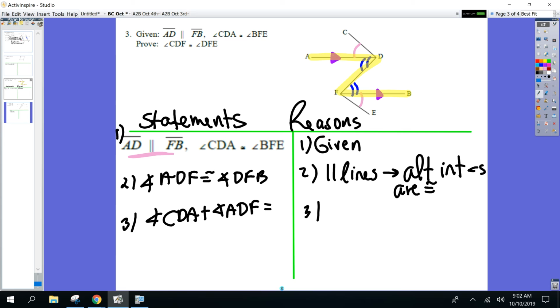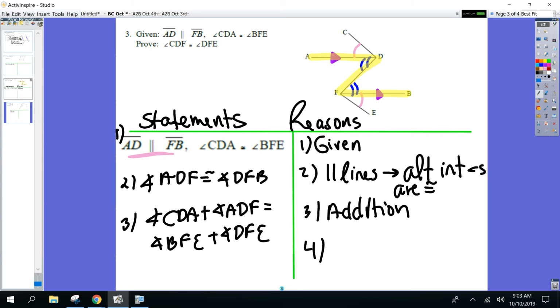Let's keep going now. You're not off the hook. Addition. And this is not changing even though we're in Unit 3 now. After an addition or subtraction, substitution.